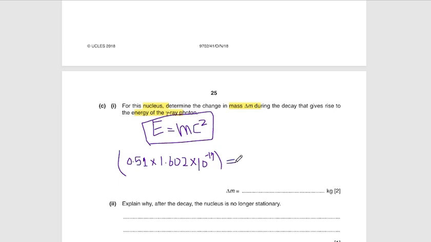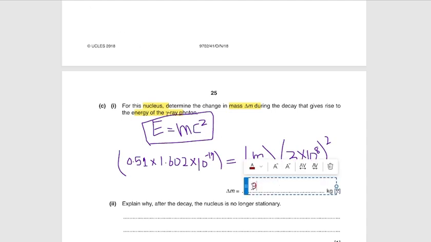And then you have the mass, which we have to find, and then you have c squared, which is simply 3 into 10 raised to the power 8, and then you square it, and you should get the mass like this. The mass that you should be getting is 9.1 into 10 raised to the power minus 31.